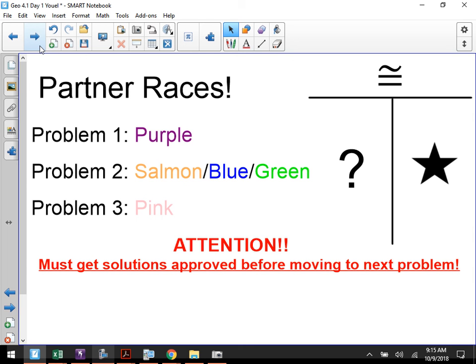Looks good. You can try your next one. Nice job. Good job. If you want to go around and help other groups, you can, if you want to act as mediators.